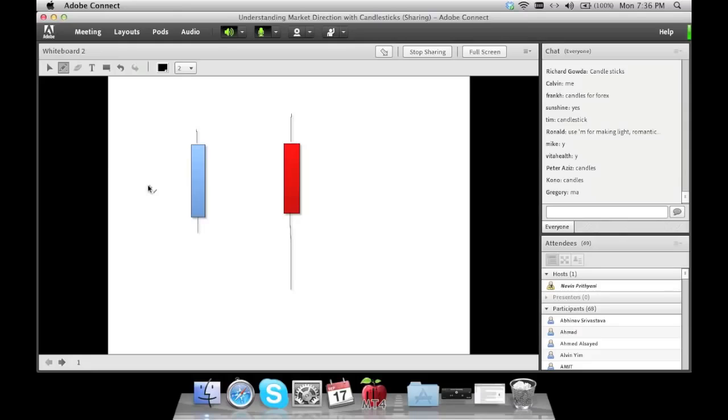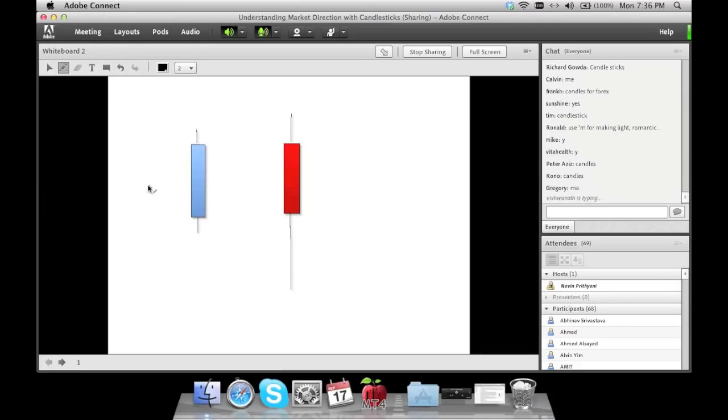Okay. So, can everyone see the things drawn on my screen on the whiteboard, the blue and red candle? Going with the very basics, when the candle opens up, what does the blue candle represent? An uptrend, or a bullish candle, or a long.